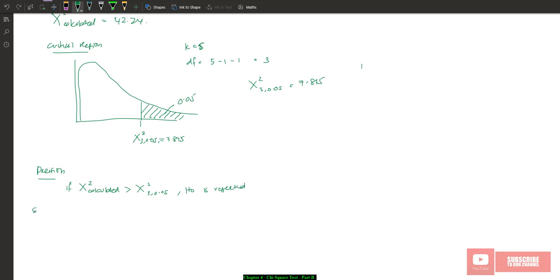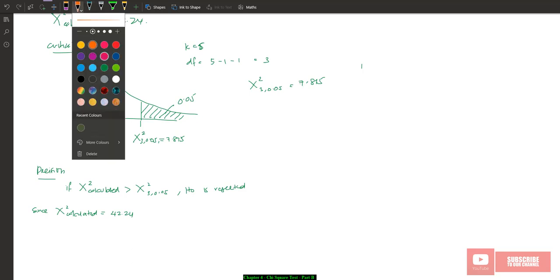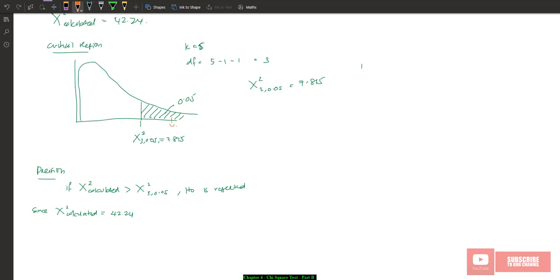Since chi-squared calculated is equal to 42.24, which is somewhere here, which is more than chi-squared 3, 0.05, the null hypothesis is rejected.